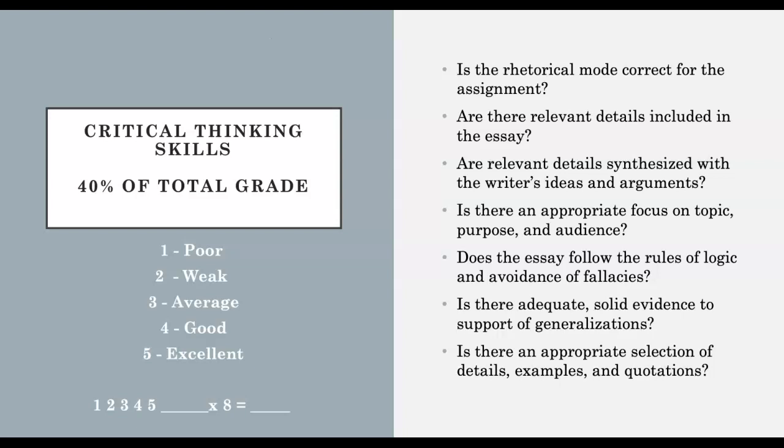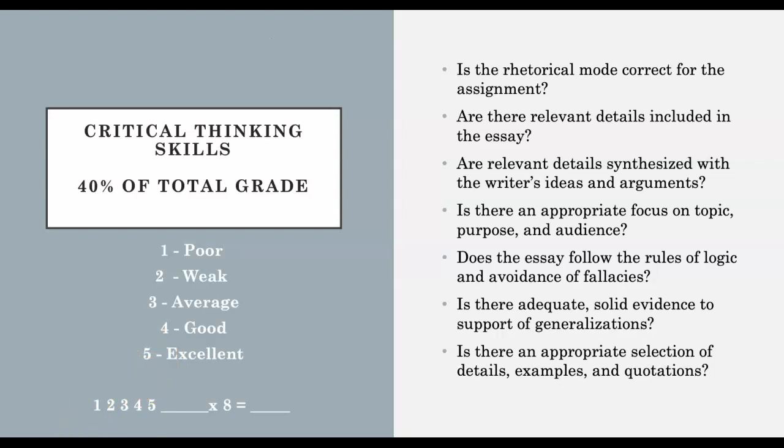Does the essay follow the rules of logic and avoid fallacies? That doesn't necessarily come in for a narrative essay, but for a comparison, a cause and effect, an argument, that is definitely important. Is there adequate, solid evidence to support your generalizations?